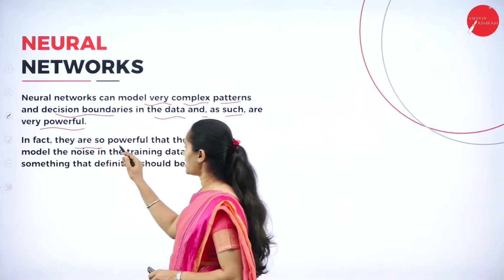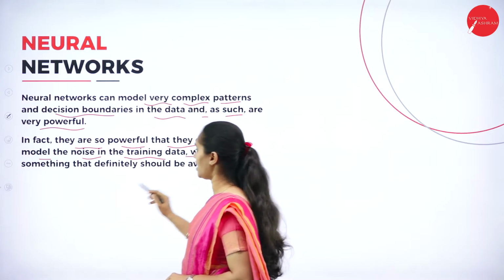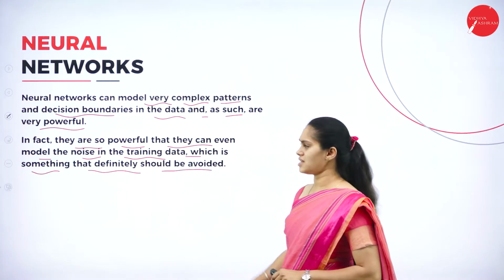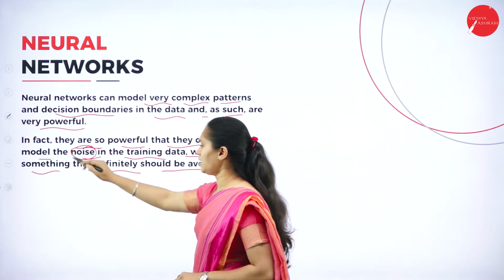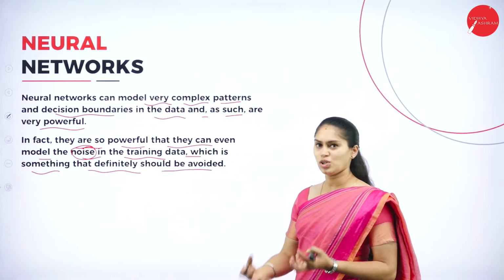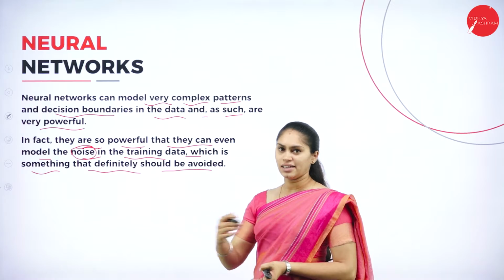In fact, neural networks are so powerful that they can even model the noise in the training data, which is something that definitely should be avoided. Even if there is useless data or noise in the training data, the neural network will take the inputs, multiply them, and put them in a linear equation.